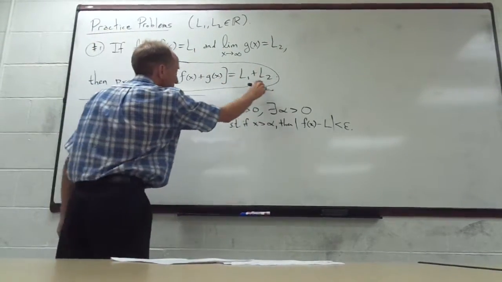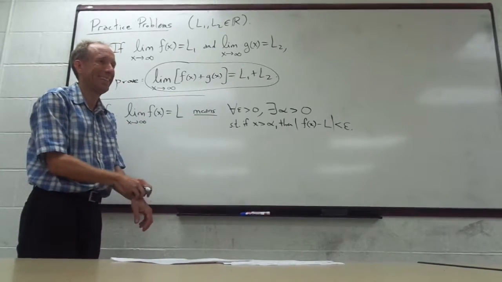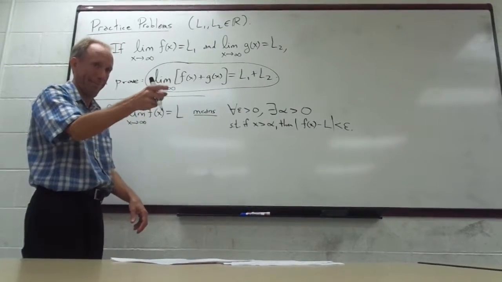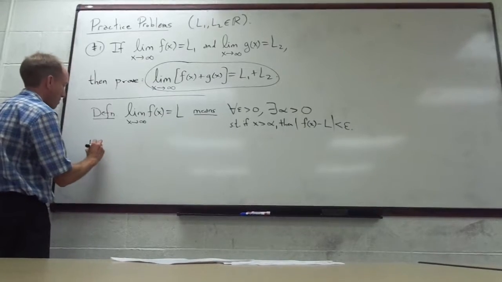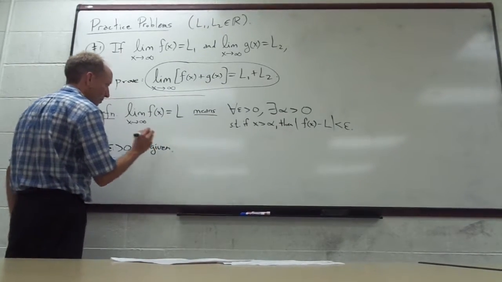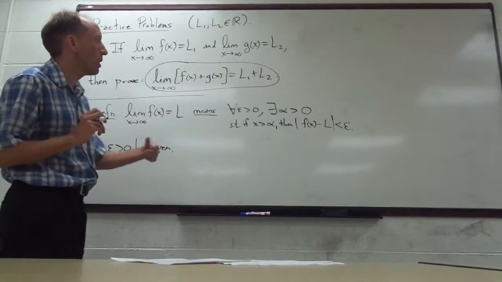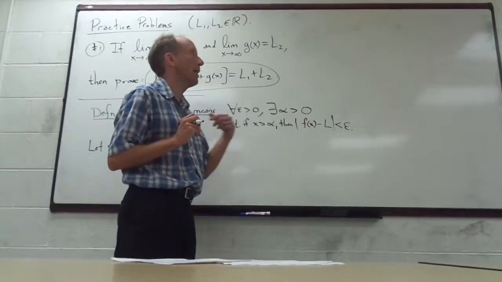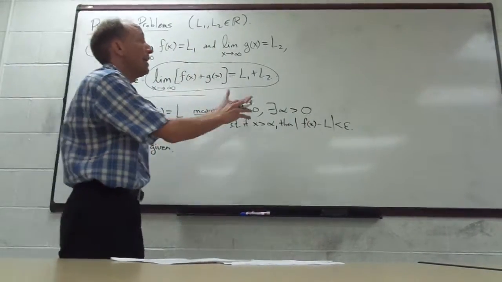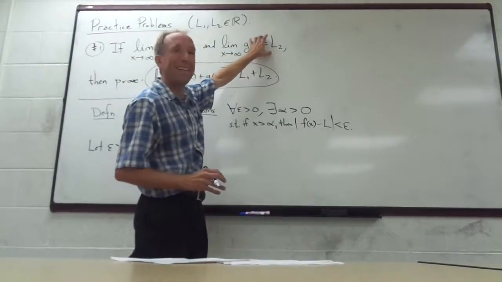So to prove this limit here, what's the first line going to be? Let epsilon greater than 0 be given. Perfect. Does that make sense to everybody? And of course, our job is to come up with this alpha over here. But we don't maybe know how to find it yet. What we do know are these two assumptions right here.